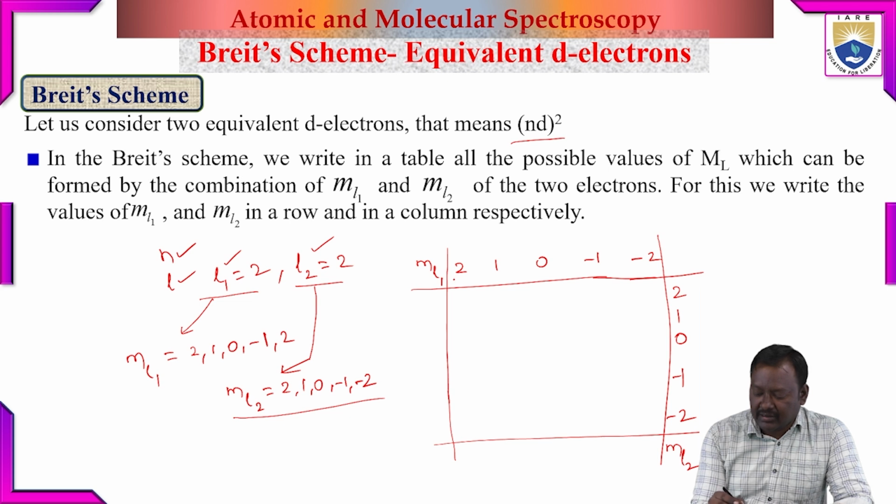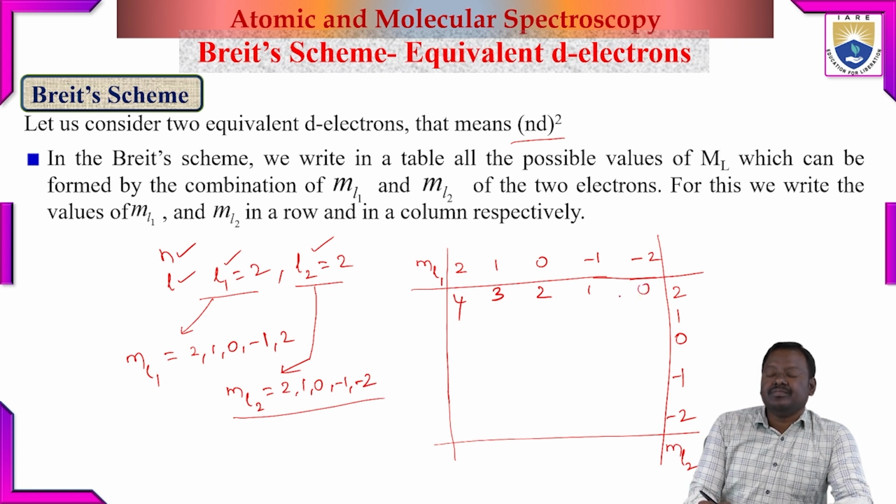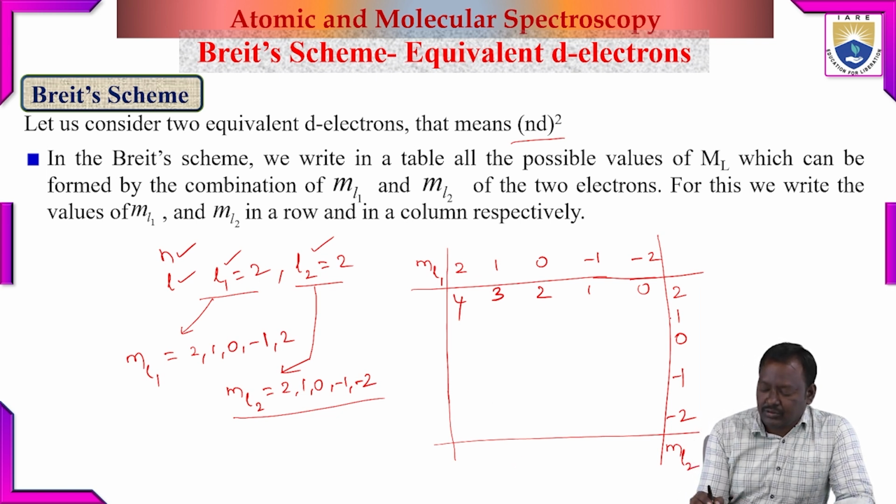So here 2 plus 2 is 4, 1 plus 2 is 3, 0 plus 2 is 2, minus 1 plus 2 is 1, minus 2 plus 2 is 0. Okay, second line: 2 plus 1 is 3.